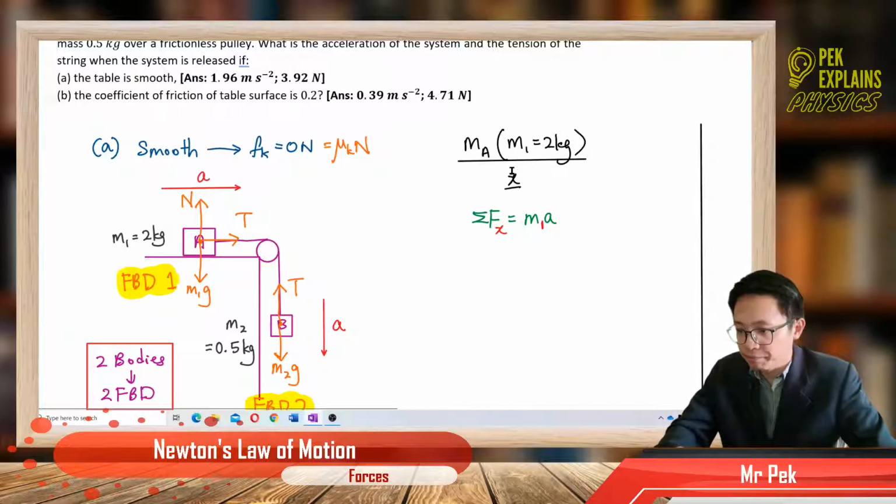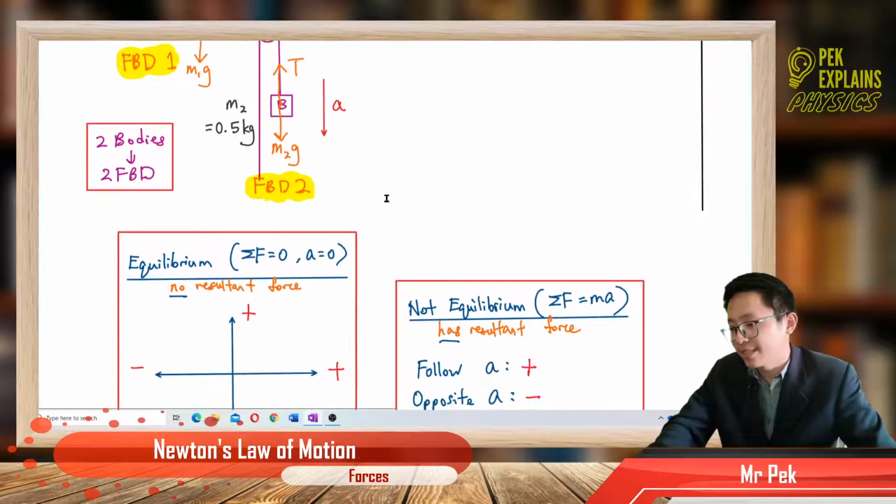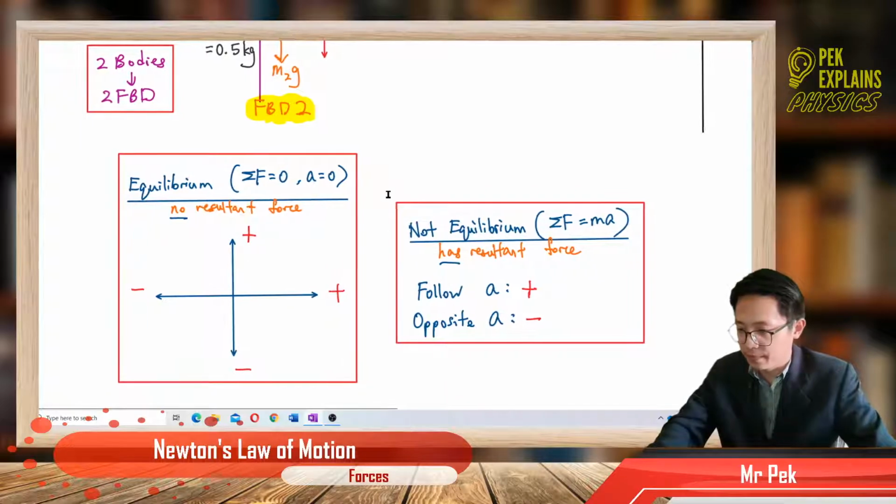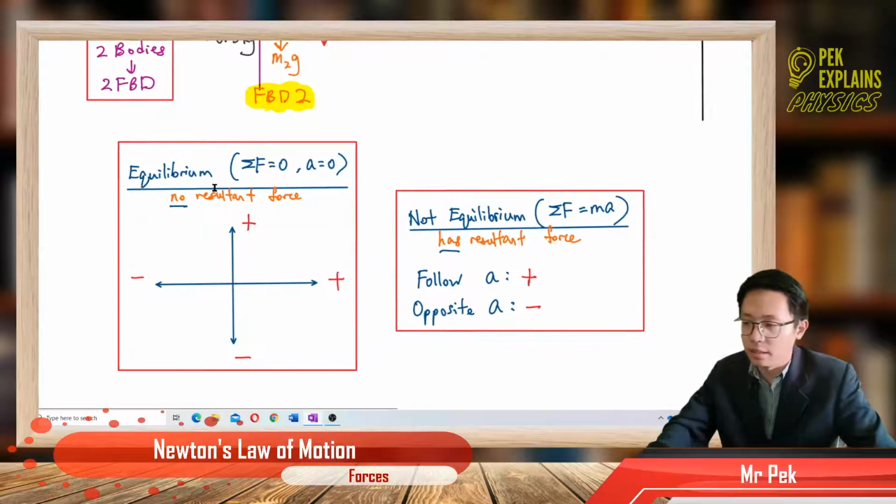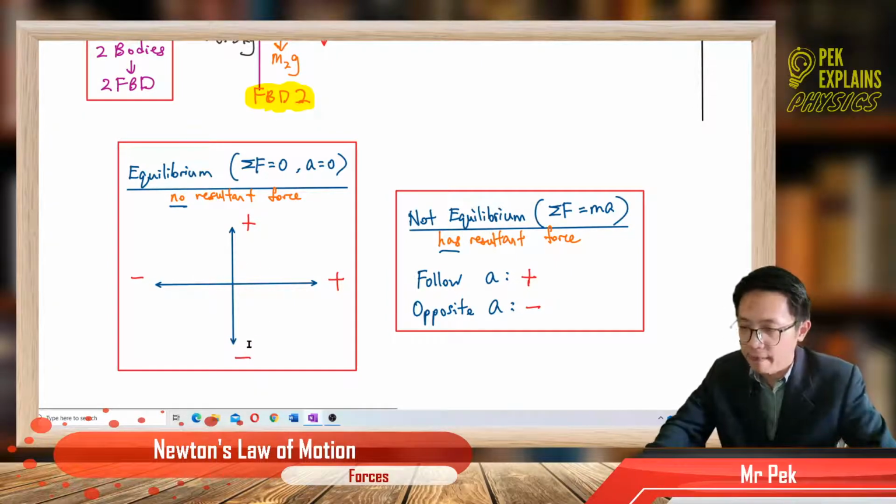Okay, before that, sign convention is very important. Remember we learned about this sign convention. When equilibrium, total force 0, no acceleration, no resultant force, we just say that going to the right, positive, going to the left, negative. Going up, positive, going down, negative.